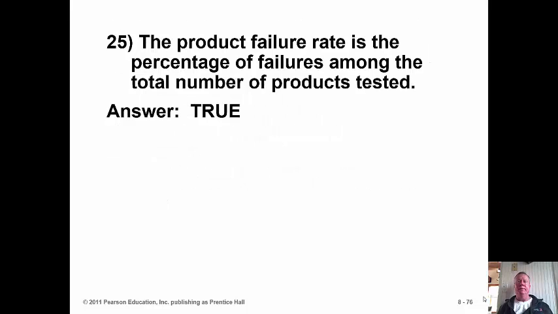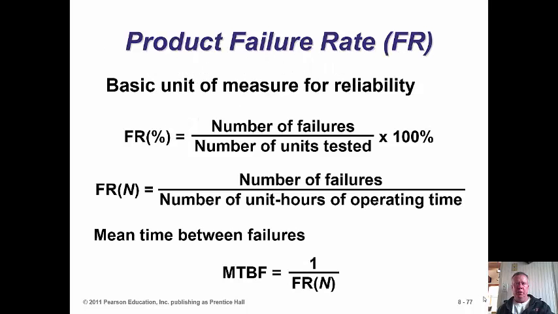Product failure rate is a percentage of failures among the total number of products tested. True. What we're really talking more about is that concept down at the bottom, mean time between failures, because that's the number that's pretty useful. Again, the example: hard drives.